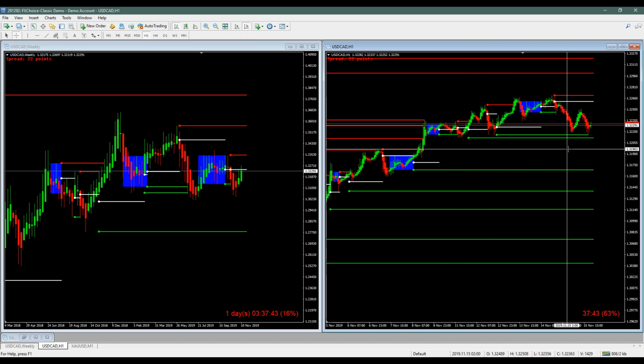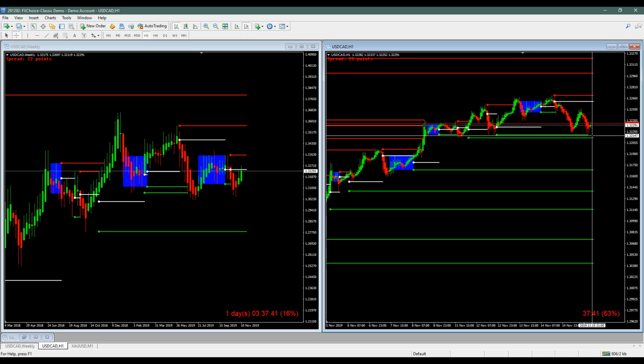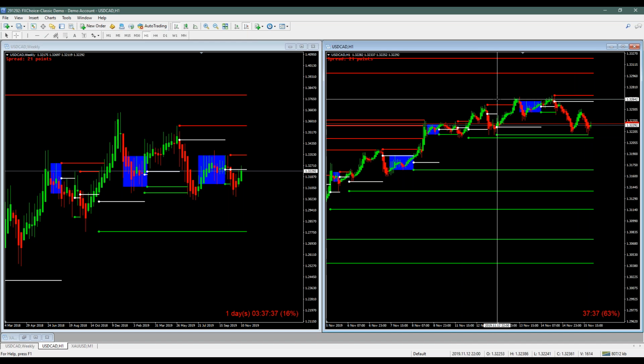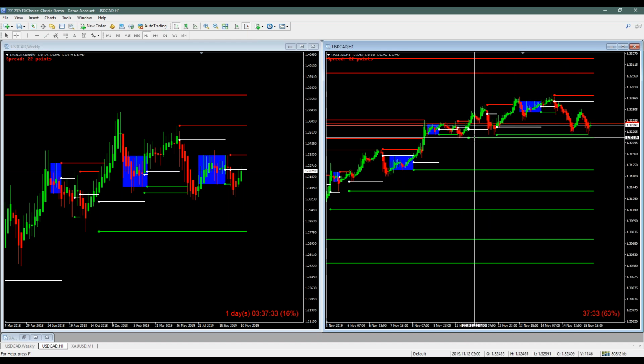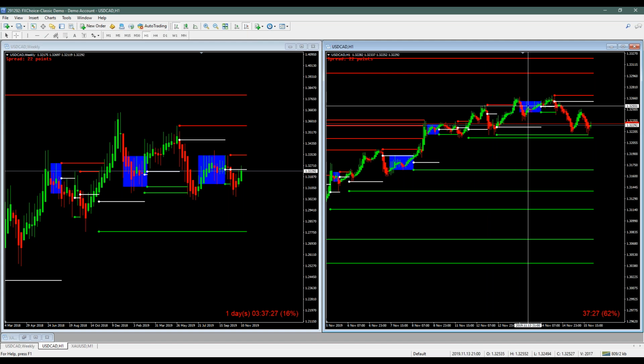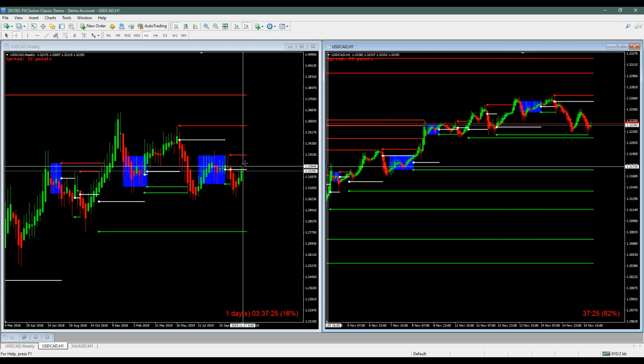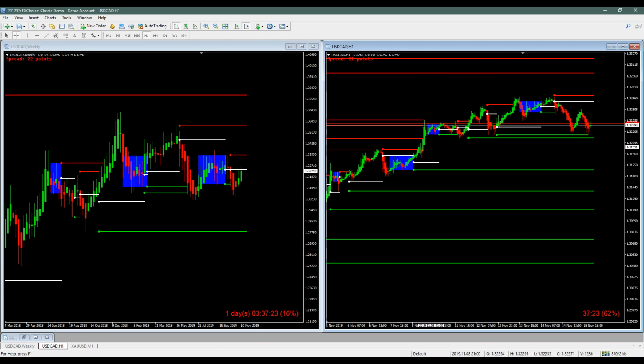What this tells me is that if price gets below here, it's probably a really sensitive point for the market to break short. This is where a lot of those people are probably going to give up. Anybody that's bought in here trying to ride the trend.